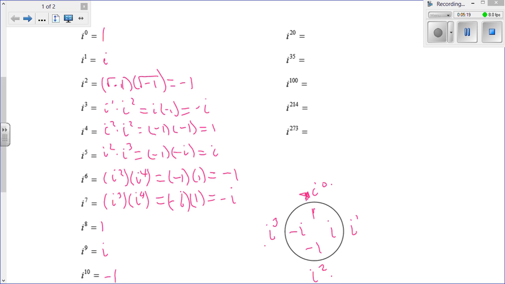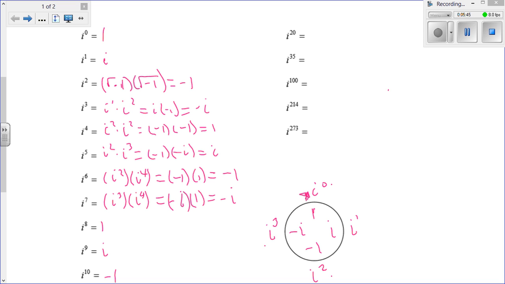However, I'm not always going to want to sit there and count around my clock because I can get numbers that are very large, like I have here 100 or 214 or 273. So I need another method in order to find my answers. What I do is I take my exponent, which is 20, and I'm going to divide it by 4 because I have 4 possible choices, 1, i, negative 1, and negative i.